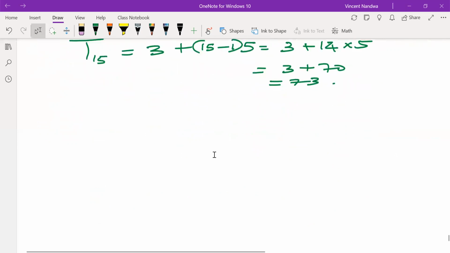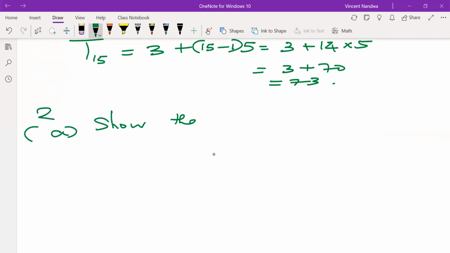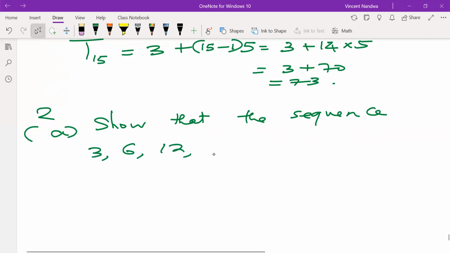Next question. Question 2: show that the sequence 3, 6, 12, 24, etc. is a geometric sequence.